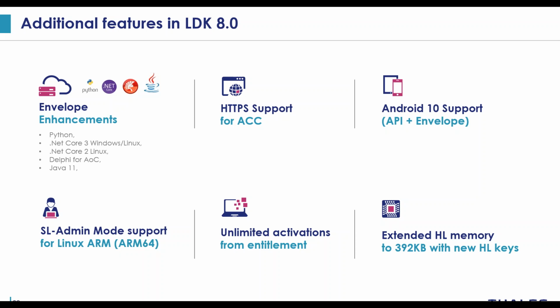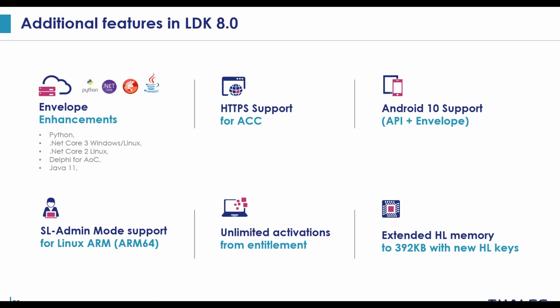For Android, we do now support Android 10 with the API and the envelope. We support the license manager, the SL admin mode, now also for Linux on ARM, typically Raspberry Pi devices maybe.